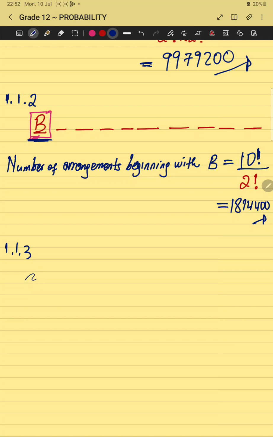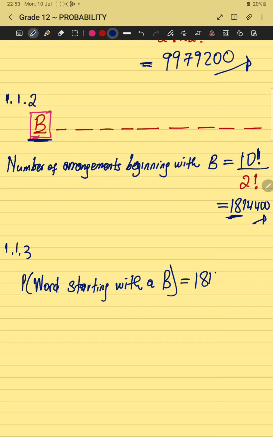So let's now say, probability of the word starting with a B is equal to this answer here, which is 18,14400 divided by 9979200.